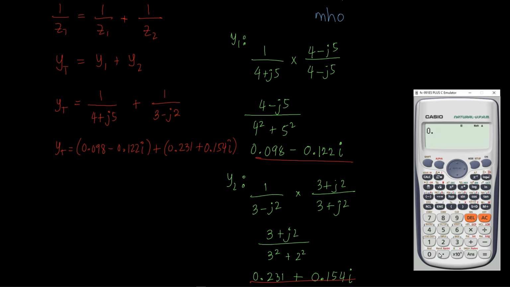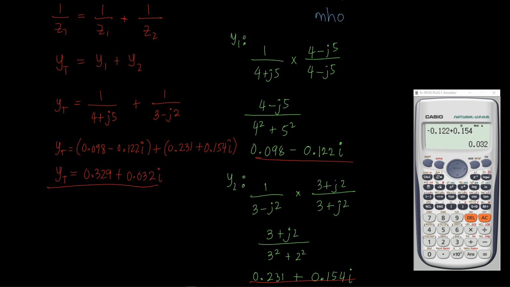So, 0.098 plus 0.231, YT is equal to 0.329. Okay, ang imaginary part ma-add lang pod. So, negative 0.122 plus 0.154, so plus 0.032.